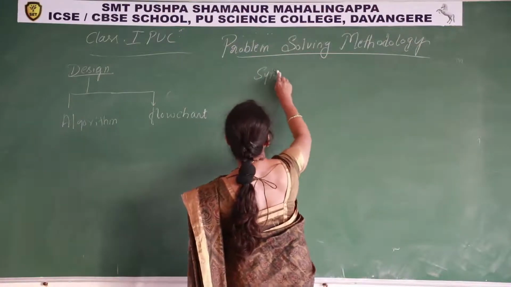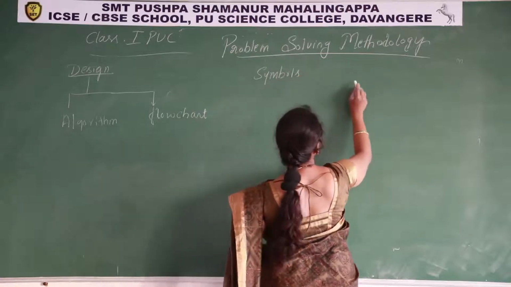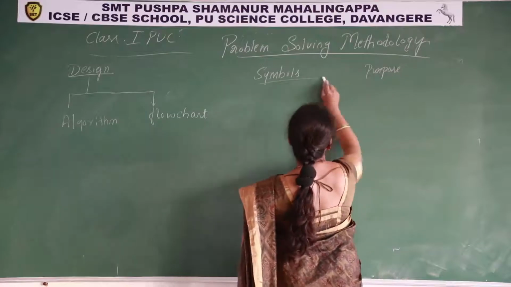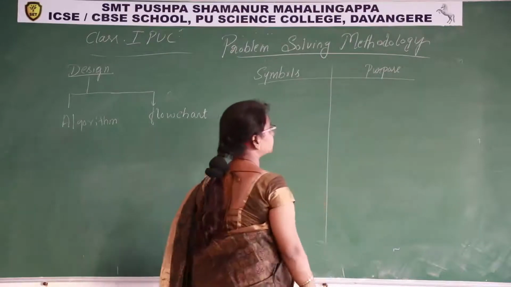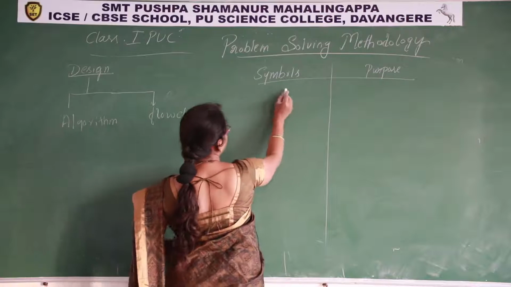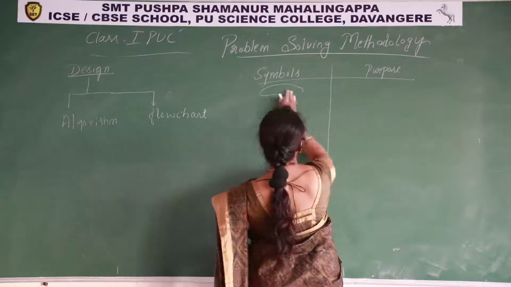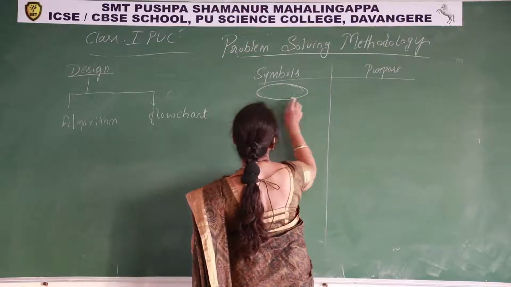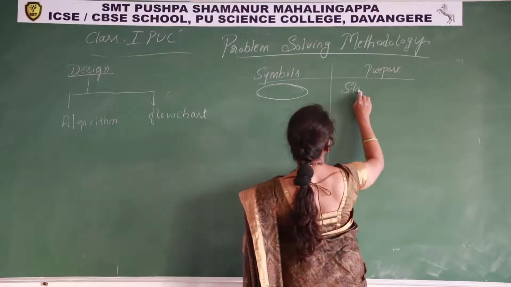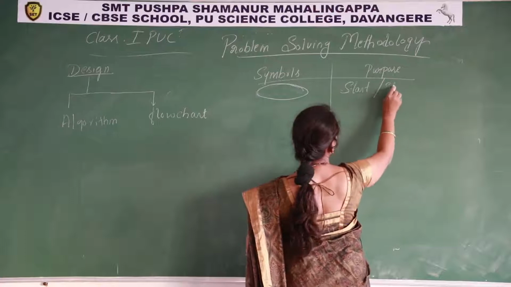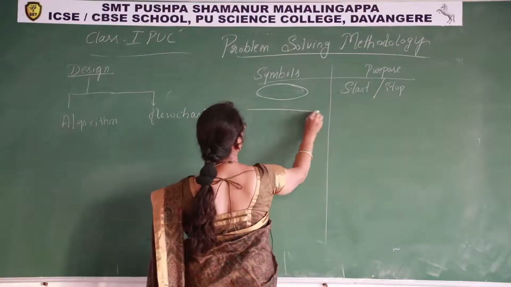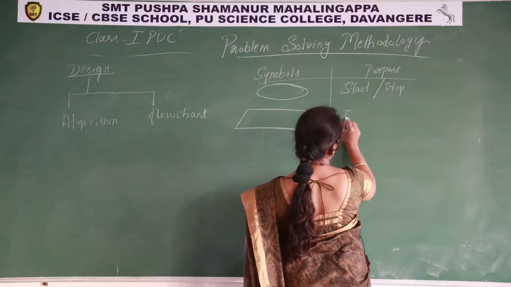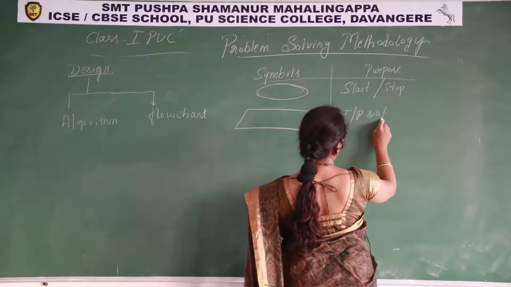Symbols and purpose. First, I explained before, no? Start and stop, oval. Parallelogram, input and output operation.